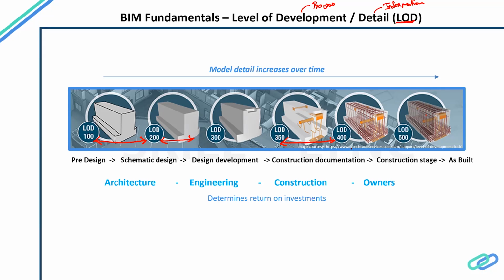And in the reverse case, if I'm on the fabrication side and I want a model of LOD 350 to 400, and I only have a model of LOD 300, it doesn't give the required information to the fabricator to do his work.